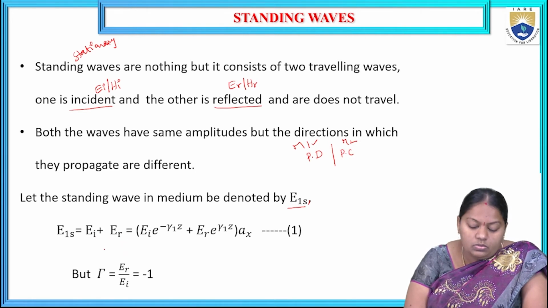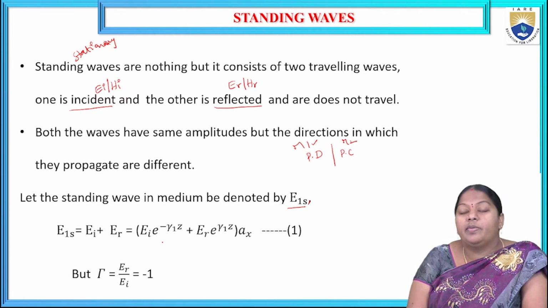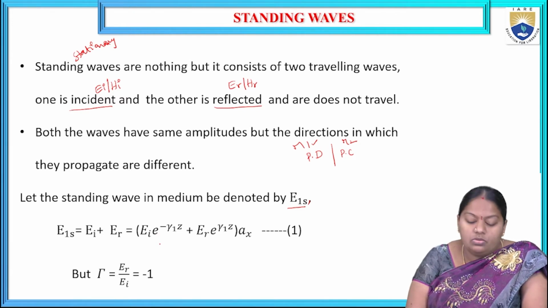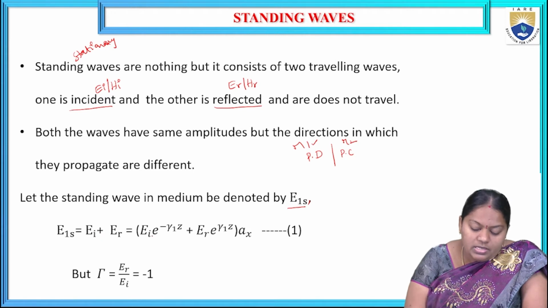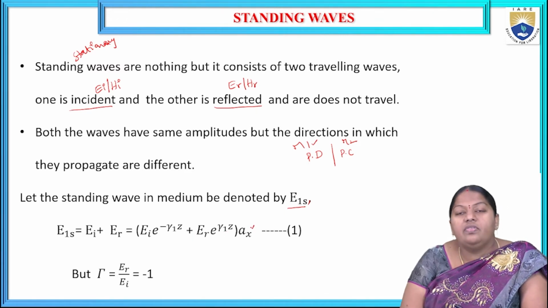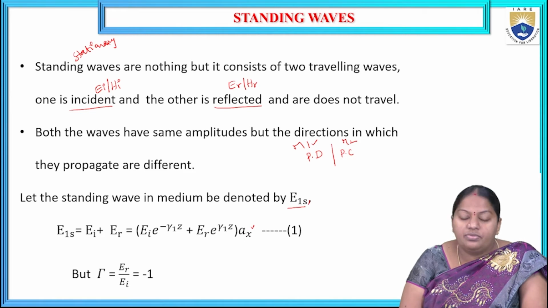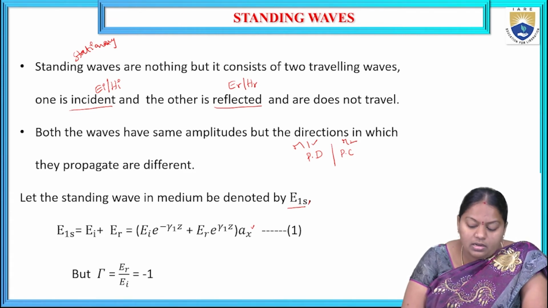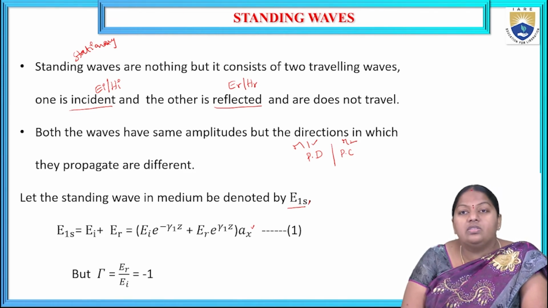Along with the magnitudes, if you want to write the propagation direction also, consider EI into e power minus gamma 1z plus ER into e power gamma 1z, into AX. Initially, in the case of uniform plane waves or electromagnetic waves, we have assumed that this electric field always lies along the x direction.